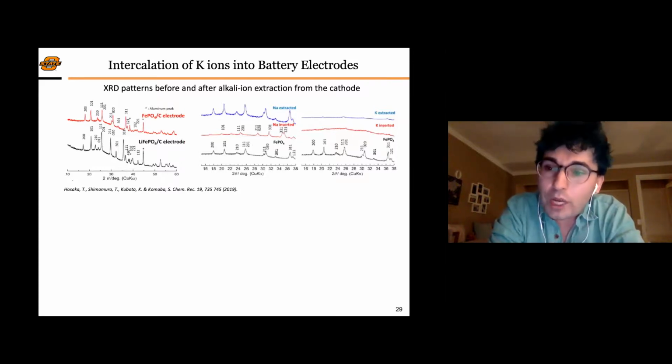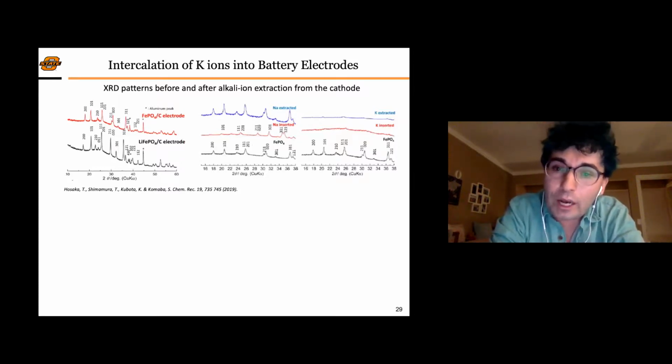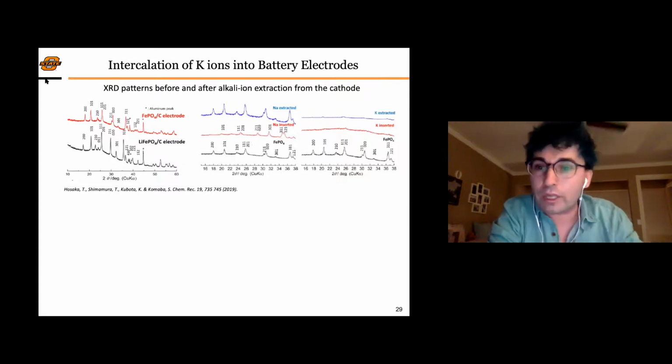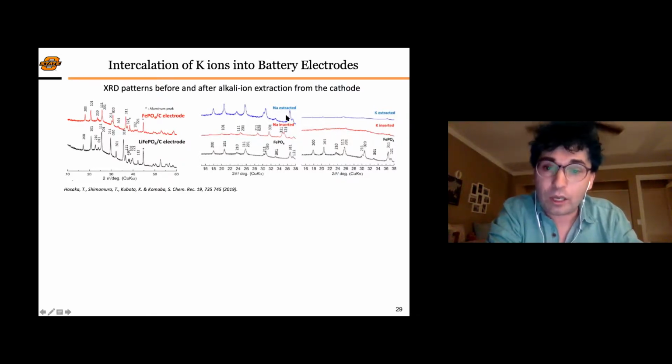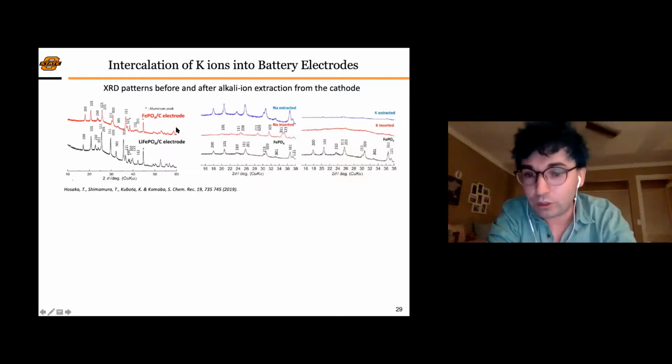The one question we do have is what happens at larger ion intercalation. For the iron phosphate case, previously Komaba showed that if you try to intercalate potassium in this structure, there will be amorphization. You see the XRD patterns are almost diminished, unlike the sodium and lithium.